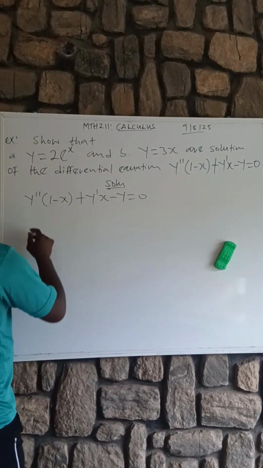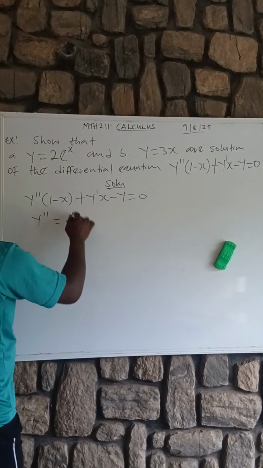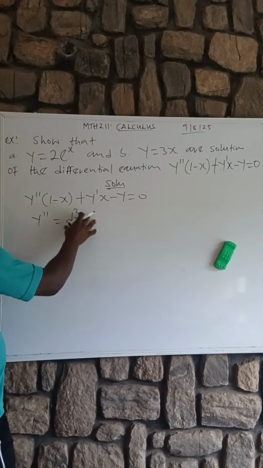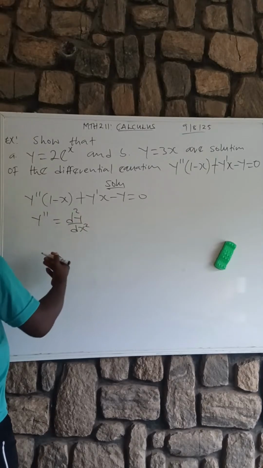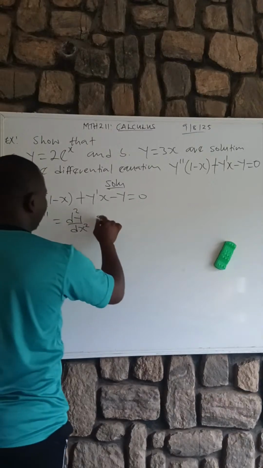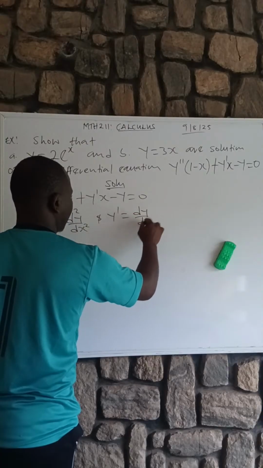I told you that y prime prime is the same thing as d square y all over dx square. So we can still transform this equation into this form, and y prime is also dy all over dx.